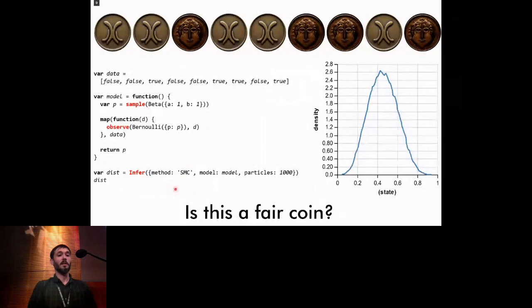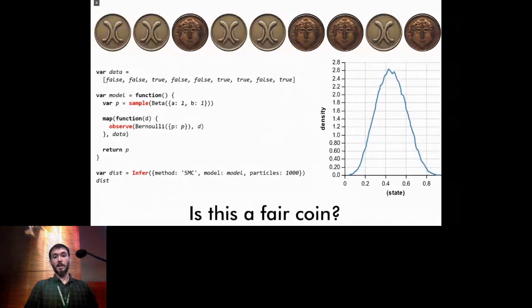So I can plug in here SMC for sequential Monte Carlo, or MCMC for Markov chain Monte Carlo, or whatnot. It doesn't really make any difference for the program that I write. They have a true separation of concerns between inference and modeling. So this is the syntax.